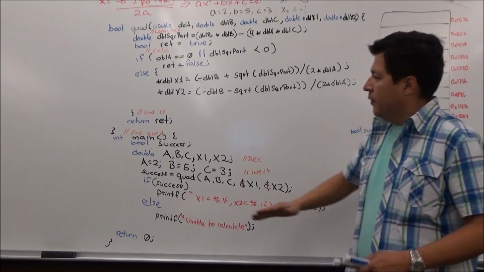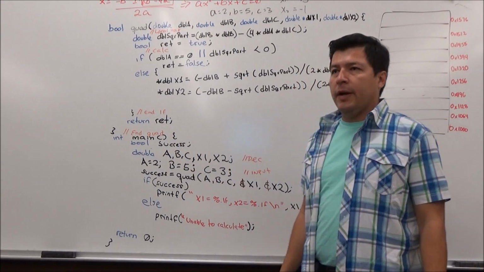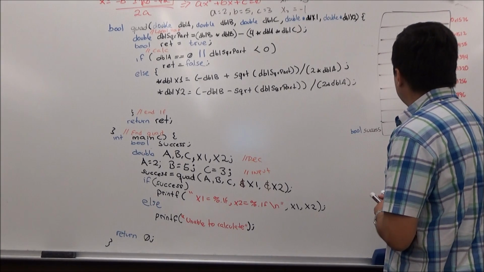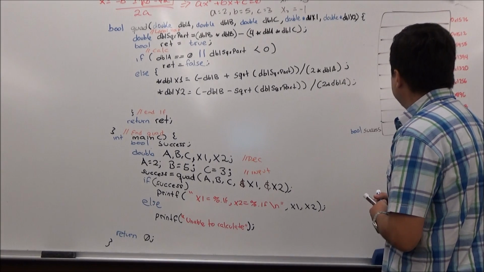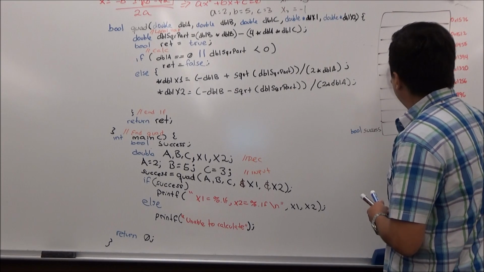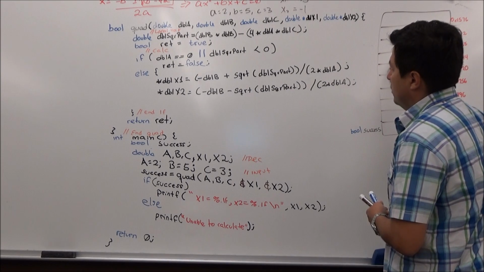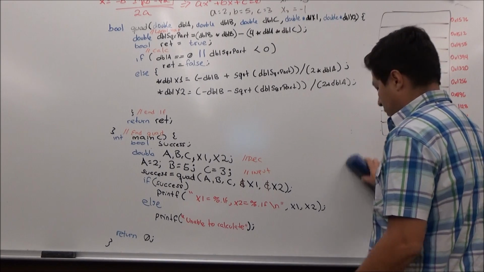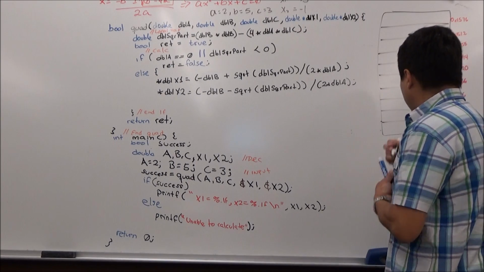Then I declare 5 doubles, right? I'm going to run out of room here, and I need more room. Write it down here.